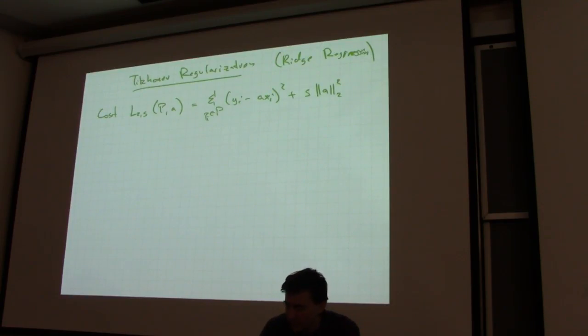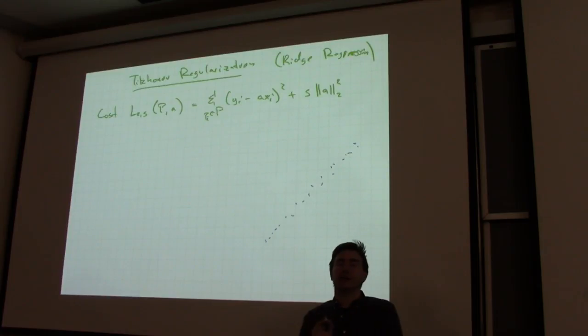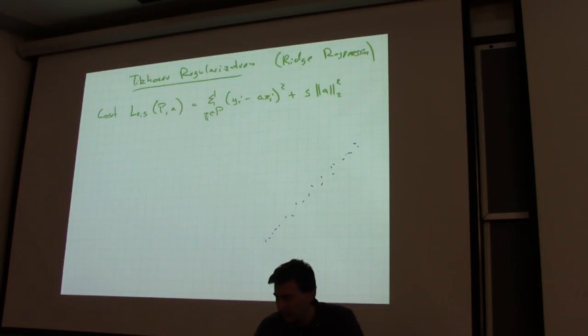The reason for this, conceptually, is let's say I've got some data that looks pretty nice, and I want to fit a line to it, and I have an outlier. An outlier is a really extreme outlier. Again, this is for dealing with outliers. Let's say it's really high up here, or it's really low down here.